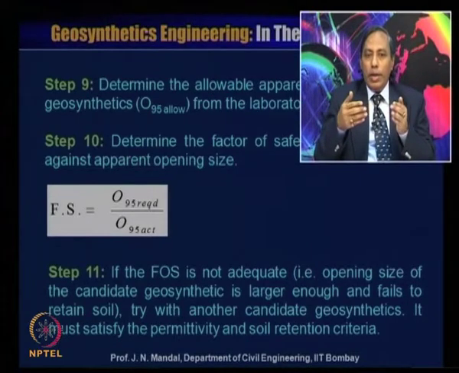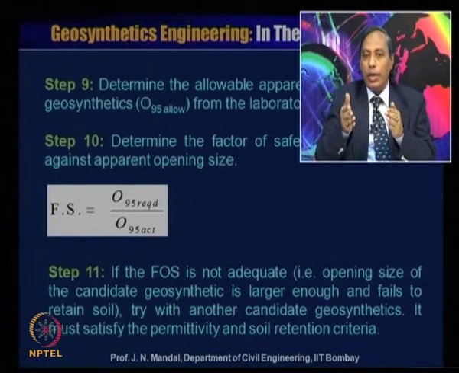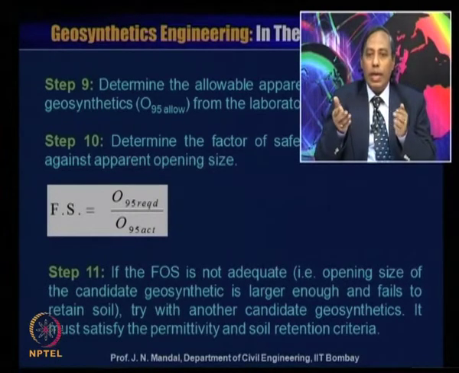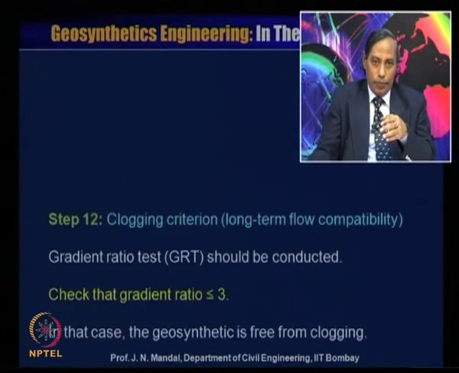Then step 11, if the factor of safety is not adequate, that means the opening size of the candidate geosynthetics is too large and fails to retain the soil, you can try another candidate geosynthetics material. It must satisfy the permittivity and the soil retention criteria.